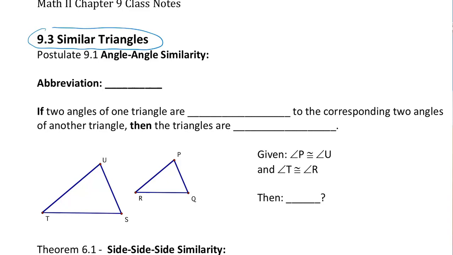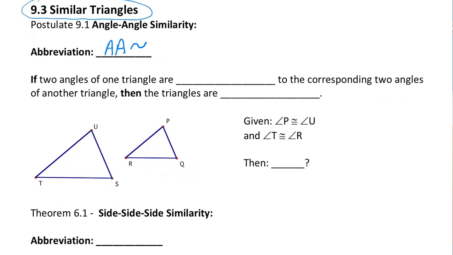The first shortcut is postulate 9.1, angle-angle similarity, which we abbreviate AA for angle-angle, and a little tilde mark for similarity. If two angles of one triangle are congruent to the corresponding two angles of another triangle, then the triangles are similar.